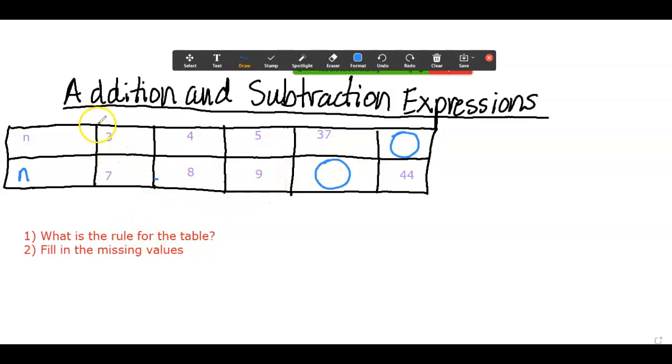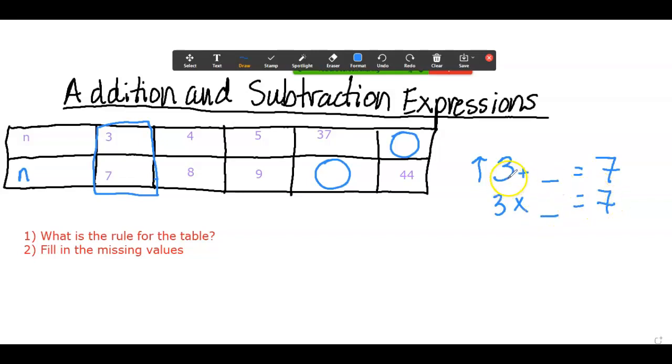So I'm looking at the first column here. Something is happening to 3 to get 7. Well, if I'm starting at 3 and I go to 7, that's going up. So if it's increasing, my choices are to add or to multiply.